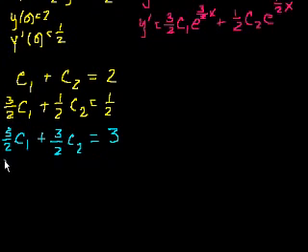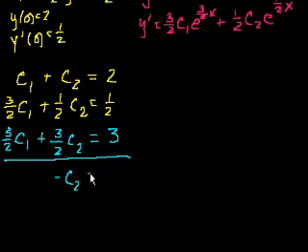And now, I don't want to confuse you, so let's just subtract the bottom from the top. So this cancels out. What's 1/2 minus 3/2? 1/2 minus 1.5, that's just minus 1, right? So minus c2 is equal to, what's 1/2 minus 3? That's minus 2.5, or minus 5/2. And so we get c2 is equal to 5/2.